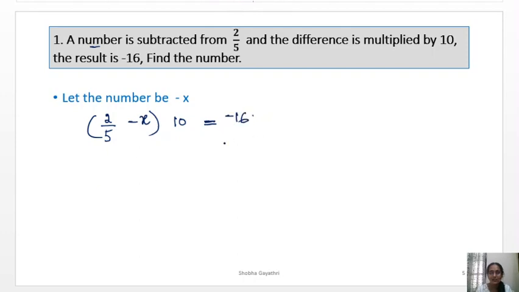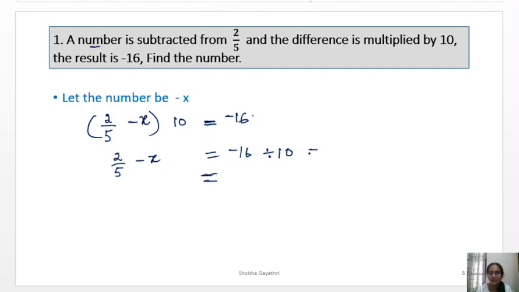You got the equation. Now you have to transpose first 10. Here, 2 by 5 minus x, multiplied by 10. You have to transpose 10 to the right side. It is multiplication here, so the opposite operation is division. So it is minus 16 by 10.